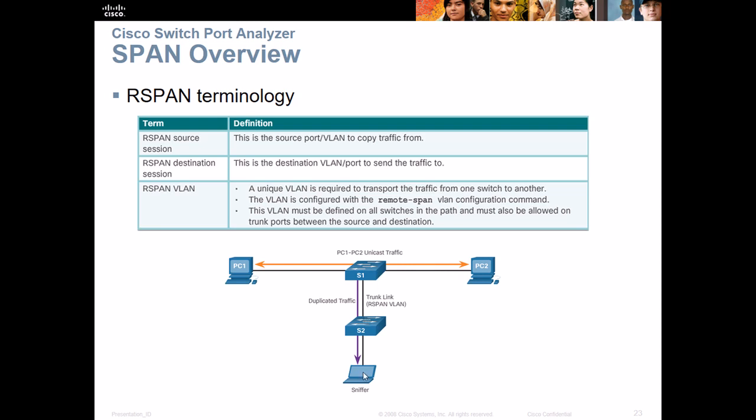That's called remote SPAN. So it doesn't have to be that everything is dedicated to one switch, because your sniffer or your IDS could be attached to a separate switch.